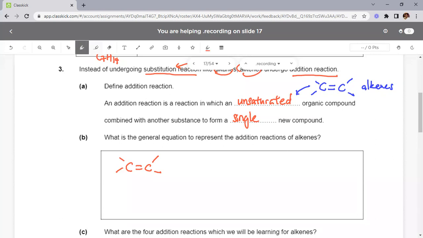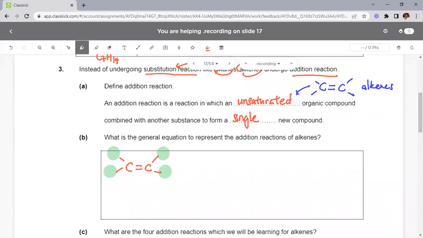What I have at these 4 corners could be anything. Could be extension of carbon or hydrogen or whatsoever. But I just leave the 4 there as a gap because my focus is on the C double bond C when the reaction is happening. The rest of the other parts will not react. So I'm not going to be fussy over what's at the 4 corners in this general equation.